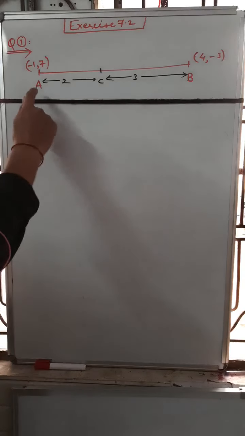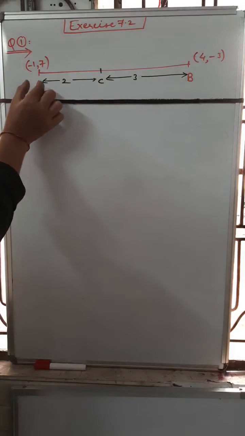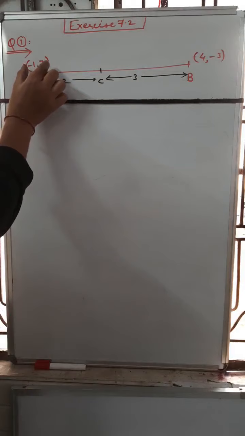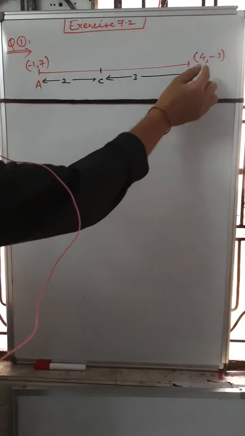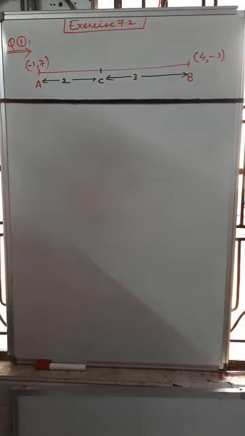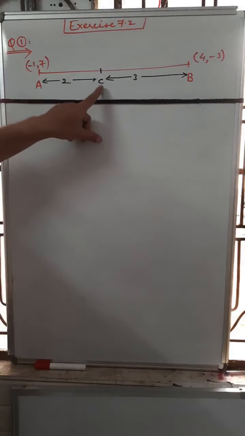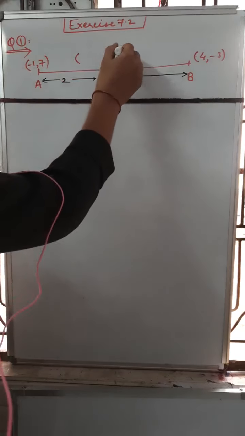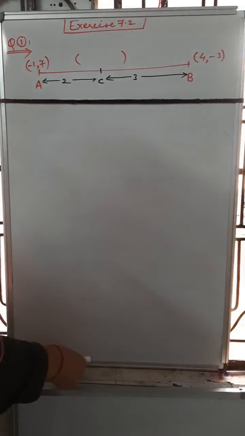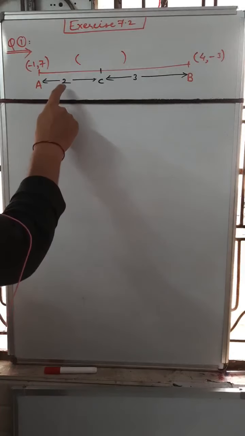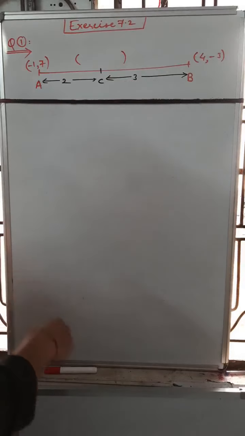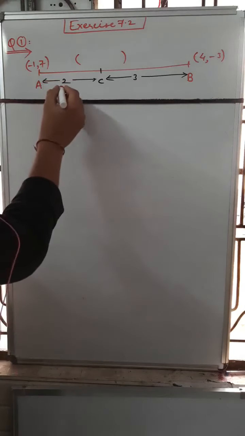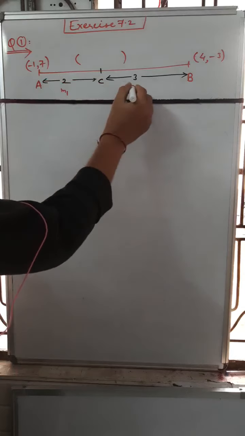Suppose we have drawn a line AB, with coordinate of A as -1, 7 and coordinate of B as 4, -3. We have to find the coordinate of C, where point C divides the line AB into the ratio 2:3, so m1 is 2 and m2 is 3.